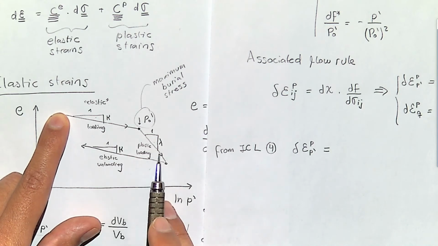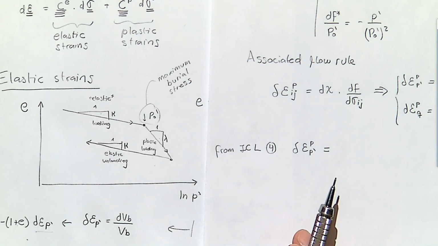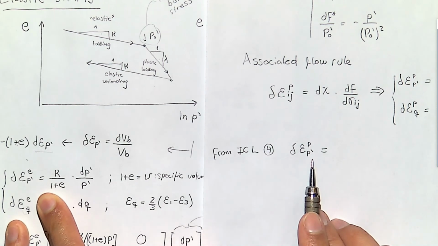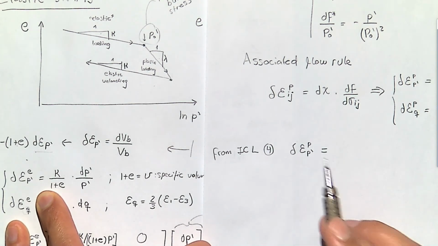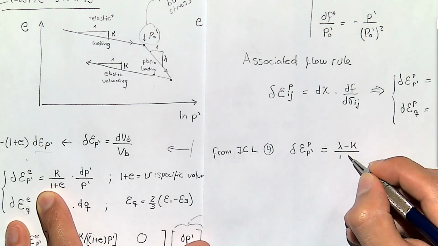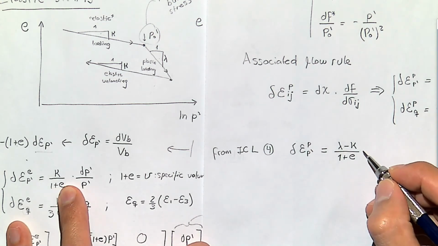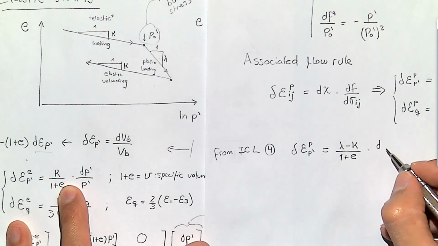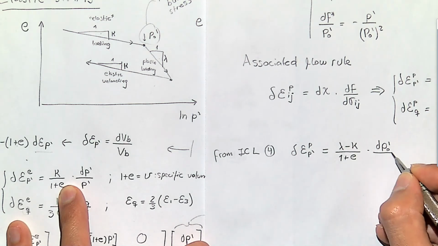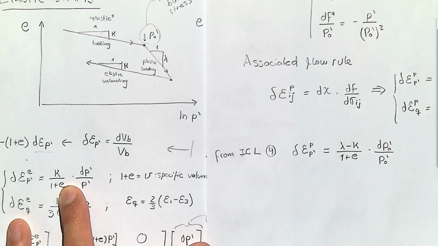But if I take into account kappa and lambda together for an elastoplastic process, then similar to this equation, I'm going to have that the plastic volumetric strain is going to be equal to lambda minus kappa divided by 1 plus void ratio, the same thing as this other one over here, times a change in mean stress, actually a change in the pre-consolidation pressure divided by that pre-consolidation pressure.